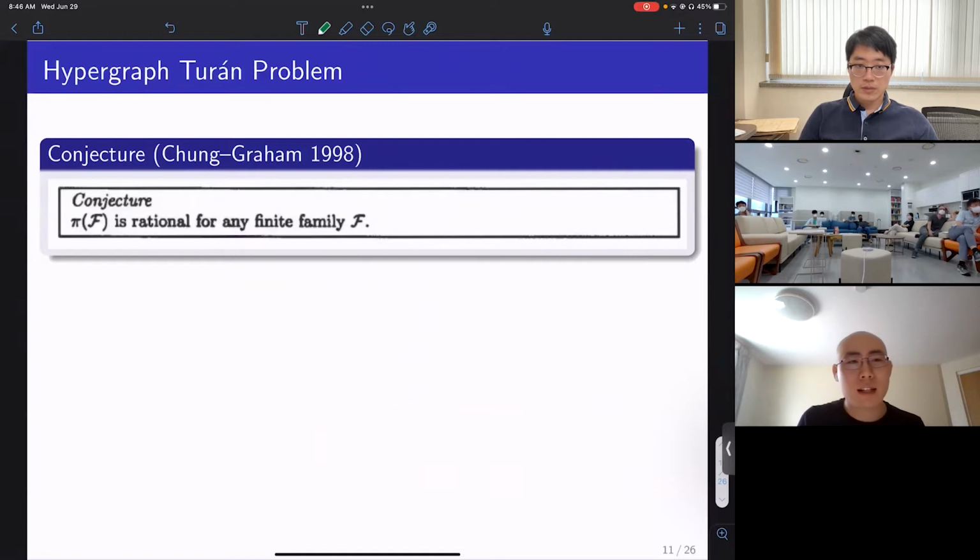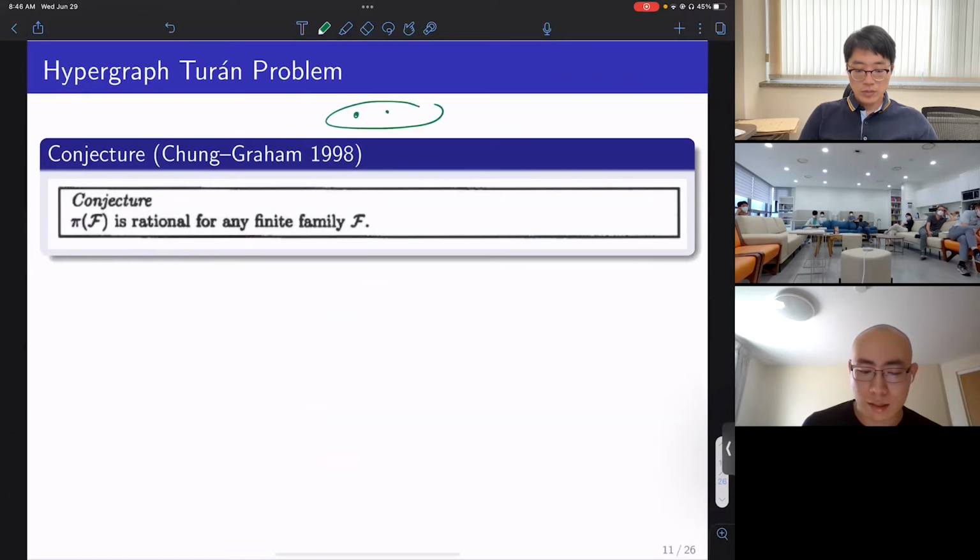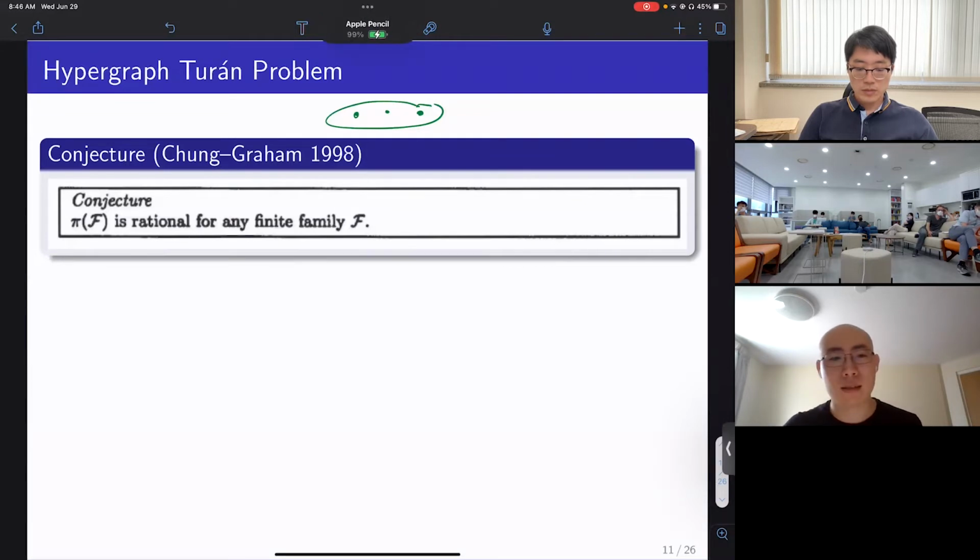Then it's natural to ask what happened in hypergraphs. When we talk about hypergraphs, I always assume r equals 3, meaning every edge contains 3 vertices. In general, it's true for any r, but we now focus only on r equals 3.